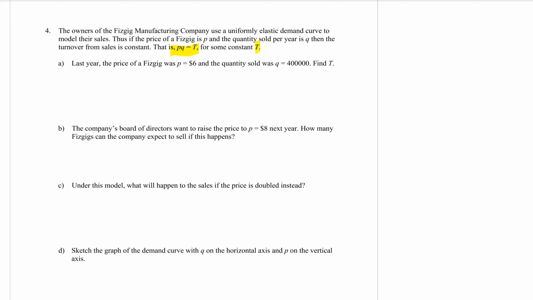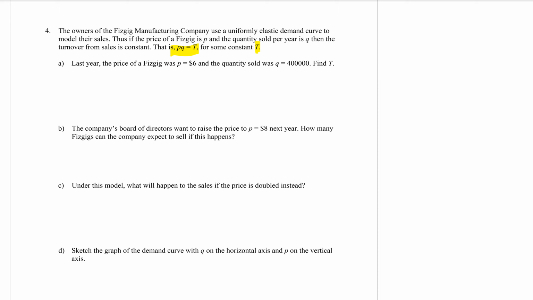So we've been given the equation that we're going to work with. Part A says last year the price of a FizzGig was P equals $6 and the quantity sold was 400,000.